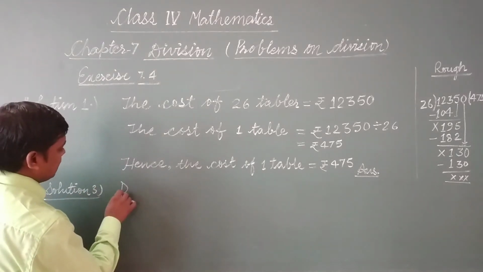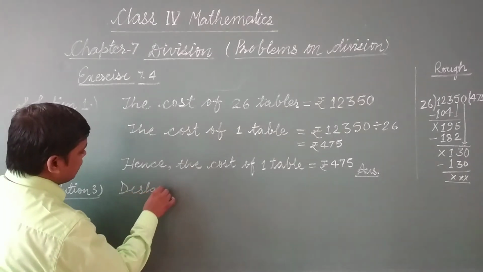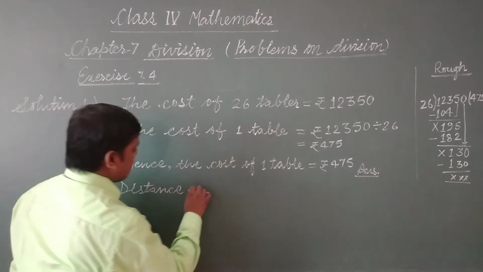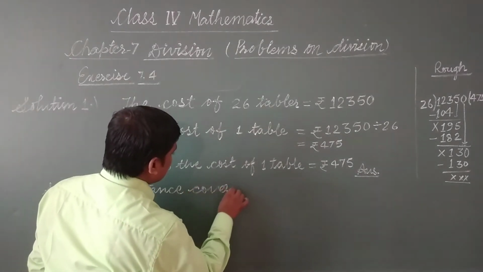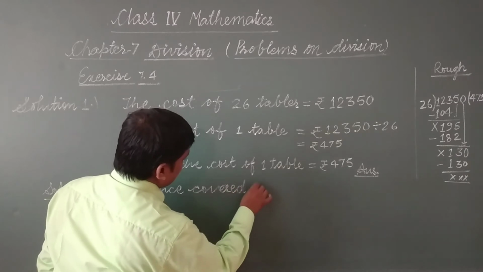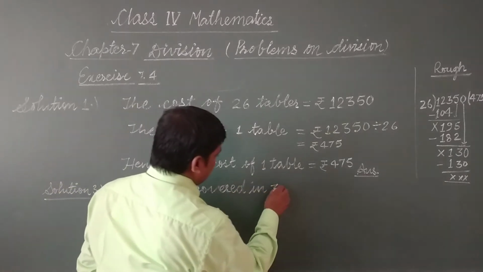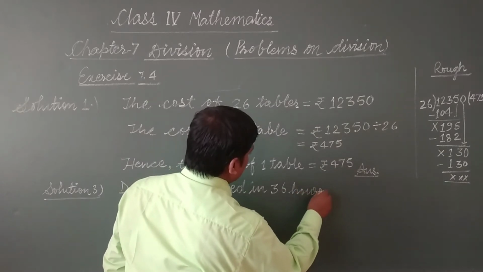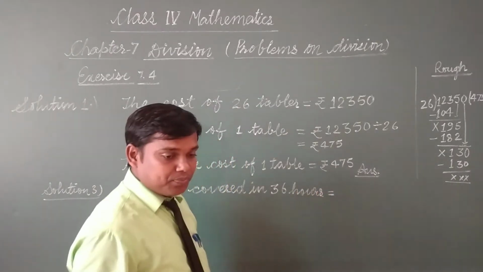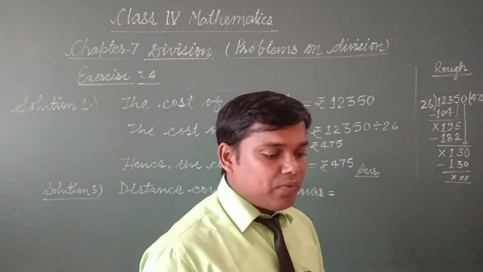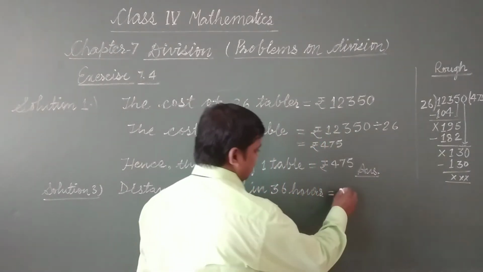Distance covered in 36 hours is equal to 5,580 kilometers.